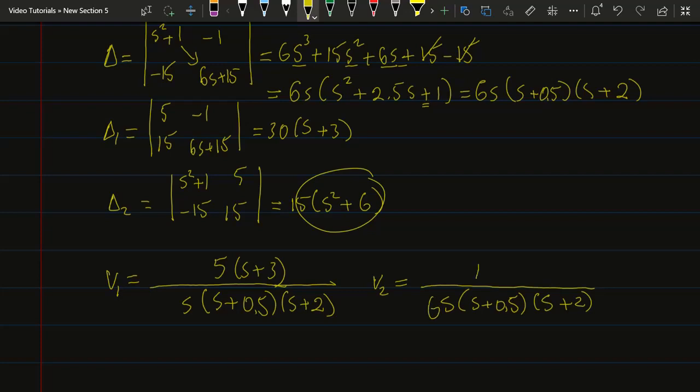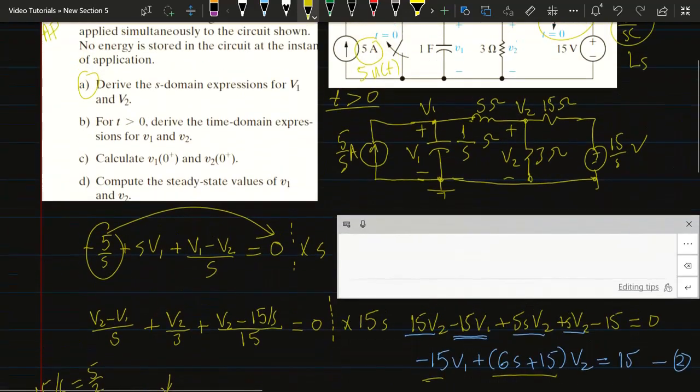And then 15 s squared plus 6. Now 15 over 6 is 2.5, so I'm just going to write 2.5 in here. And these two, of course, are in volts. And these are V1 and V2 in Laplace domain, or in frequency domain.